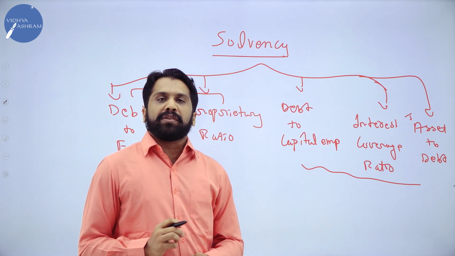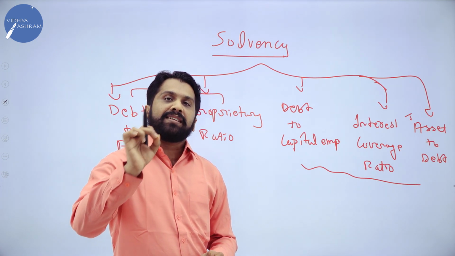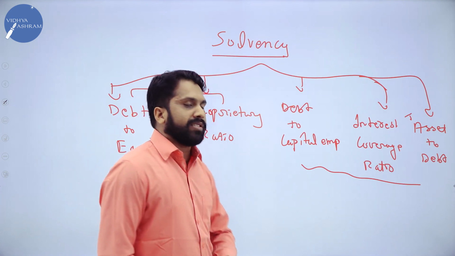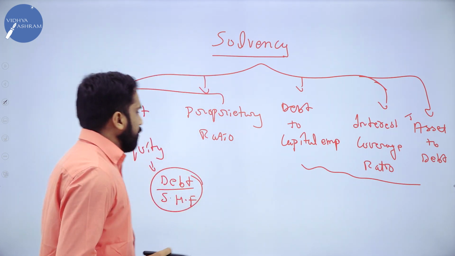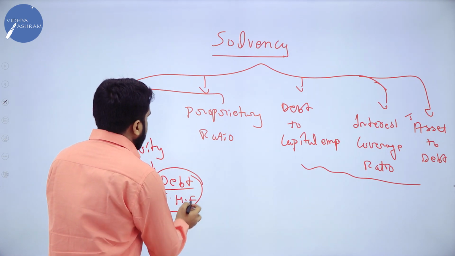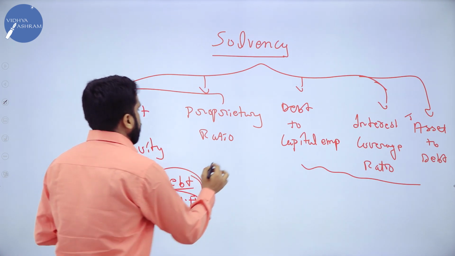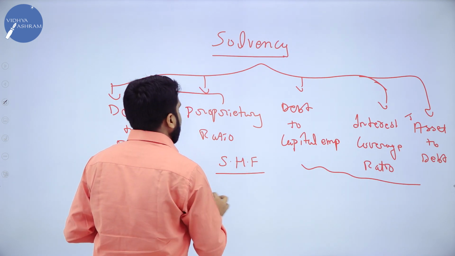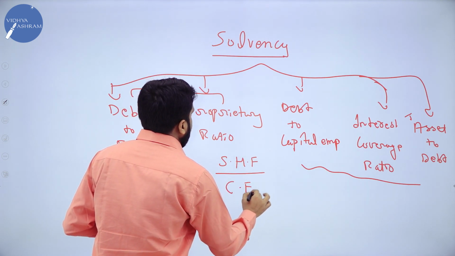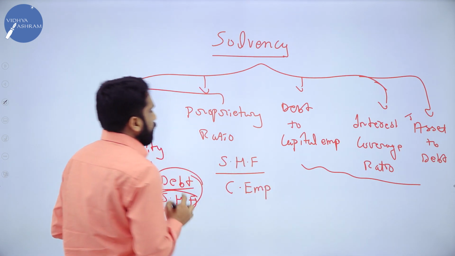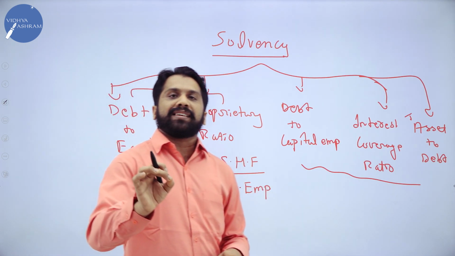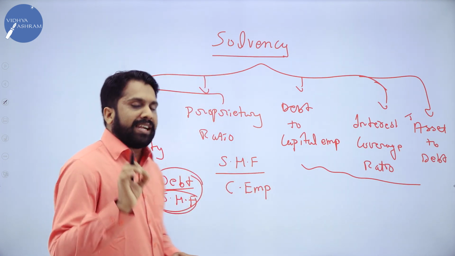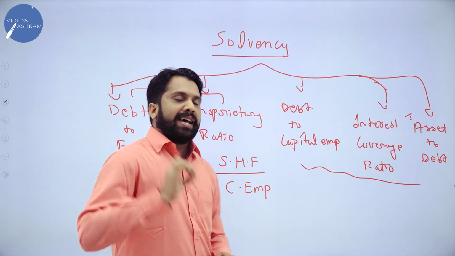The second type of ratio is called proprietary ratio. Who are the proprietors? Proprietor means the owners of the company. Now, the formula for proprietary ratio is shareholders fund divided by capital employed. What is the formula? Shareholders fund divided by capital employed.